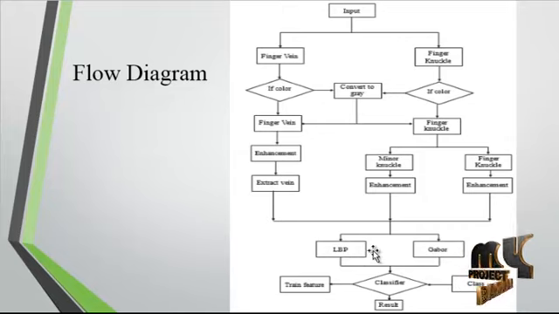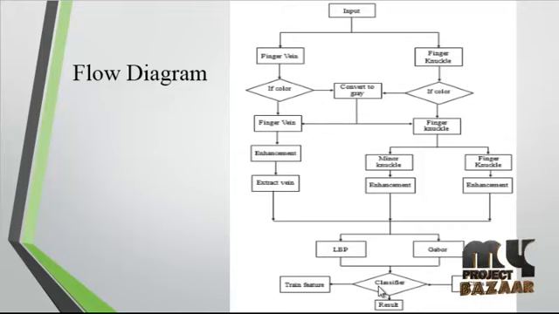Along with the LBP, Gabor feature extraction is also calculated for an efficient feature extraction method. After extracting the Gabor feature from the image, the LBP and Gabor are combined together to form the test feature.